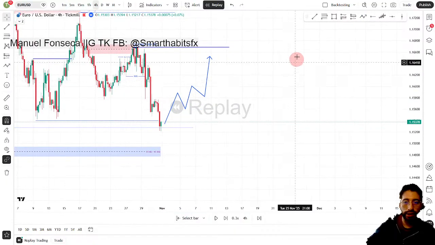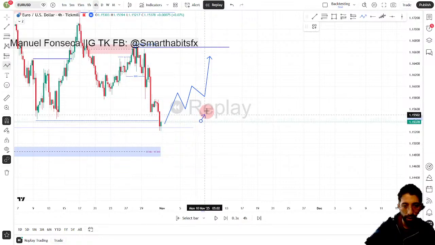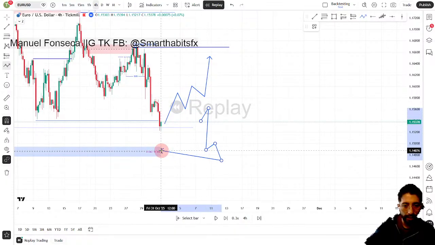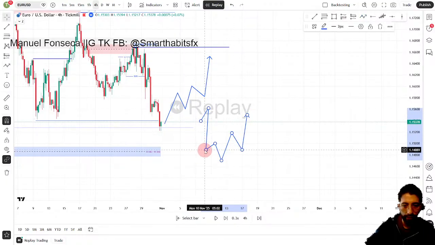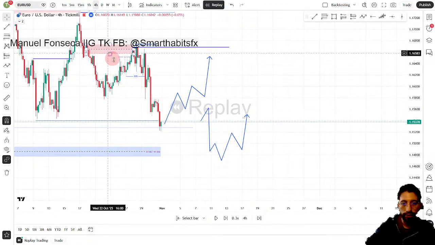The other one, which I consider will be the most suitable, is that maybe from this point the price can continue going up, but it won't make a break of structure. It will react on one of these order blocks and continue down, and maybe in this imbalance, if we get a confirmation, here will be the end of the range.